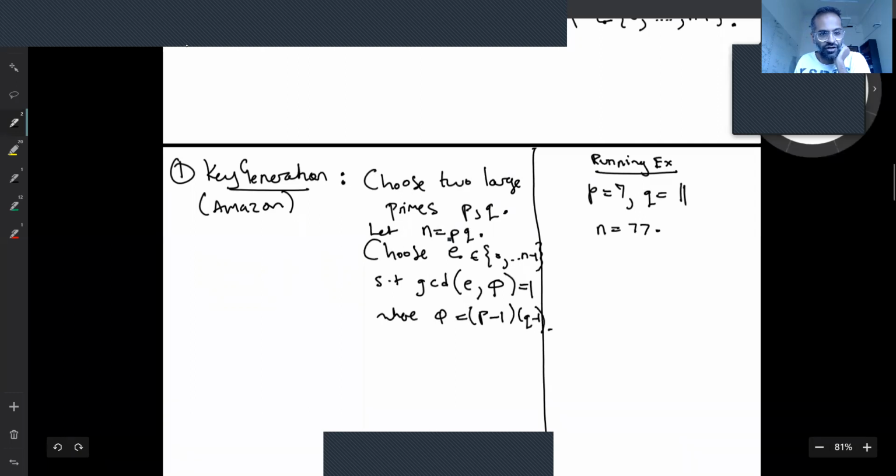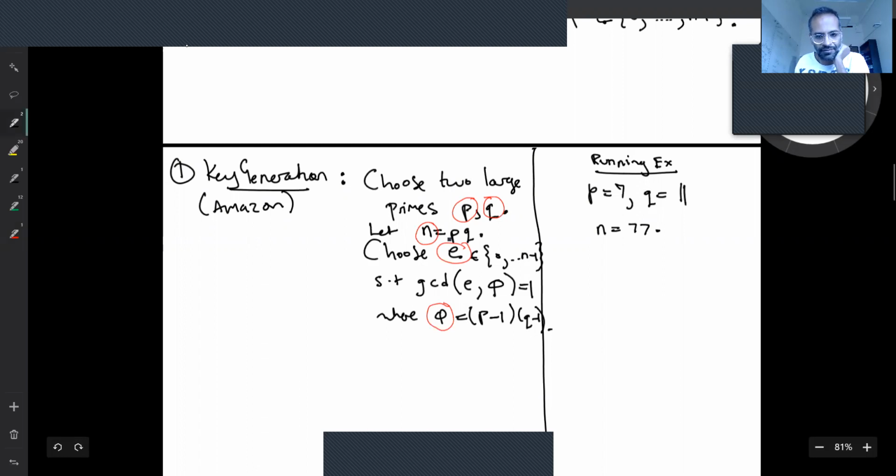Okay, so there's a lot going on here. There's a bunch of different numbers, right? There are the numbers p and q. Then there's a product n. Then there's this e, which stands for encryption, which you'll see in a moment why. And it's especially chosen so it's relatively prime to this number phi, which is related to the product of the primes, but it's the product of the primes minus 1.